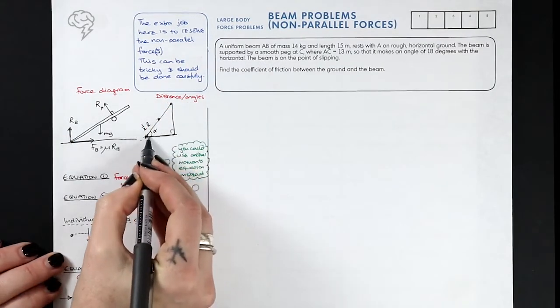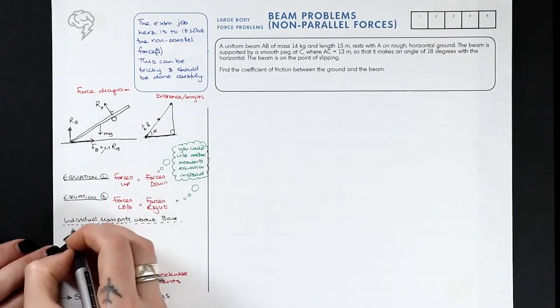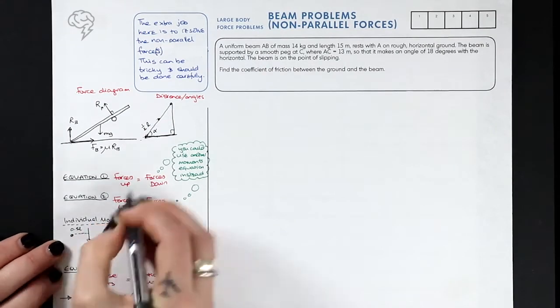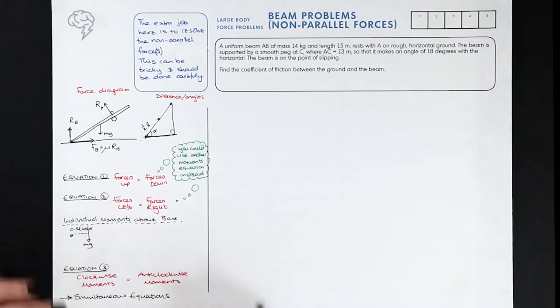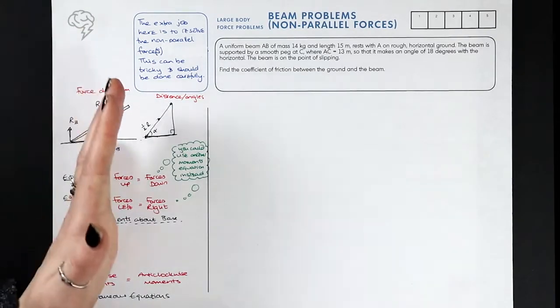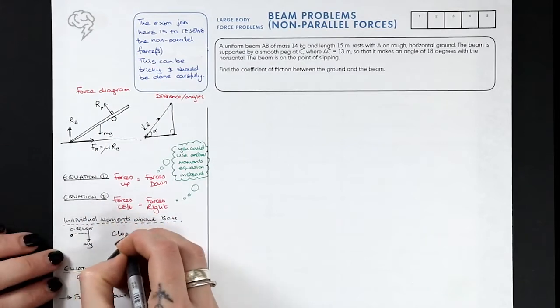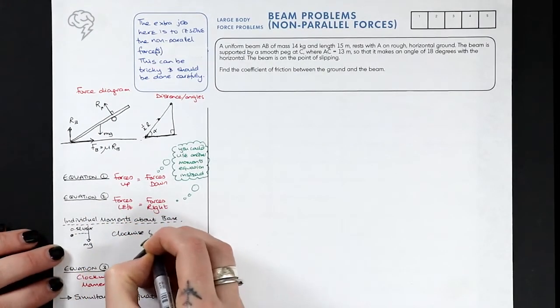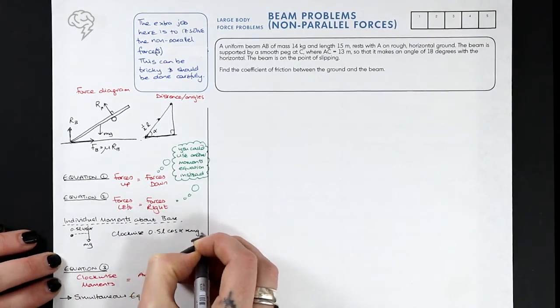And then the bit across the bottom will be half the length of the beam cosine alpha, so it'll be 0.5 L cos alpha. And then mg. But obviously that does depend on whether or not it's a uniform beam. So this would give us a clockwise moment, 0.5 L cos alpha times mg.